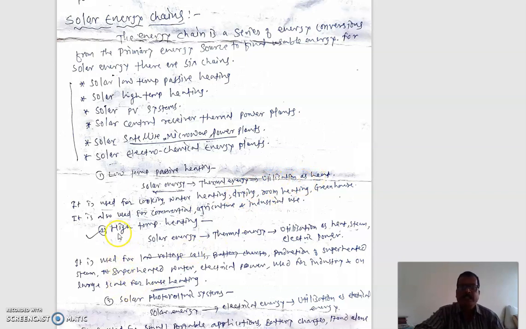Then second chain, high temperature heating. In high temperature heating, solar energy is converted into thermal energy and is utilized as heat, steam, and electric power.